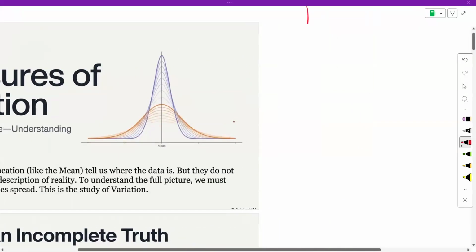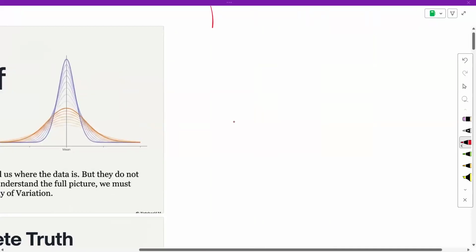So what is dispersion actually? For example, you are expecting a particular mark in an examination. Say you expect 80 marks. Your expectation is 80 marks, but you get marks that may deviate from the expectation.